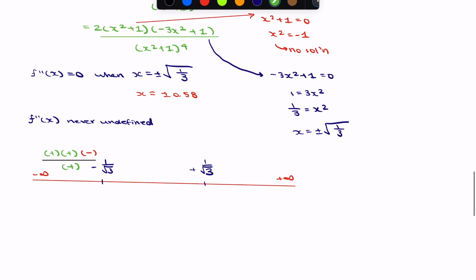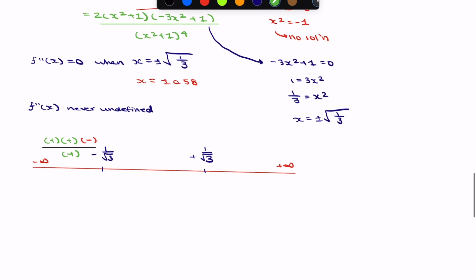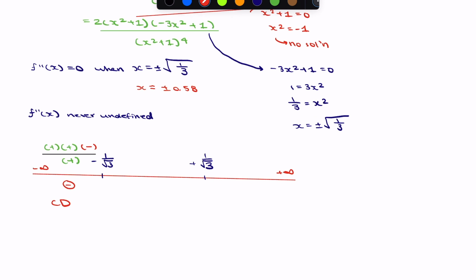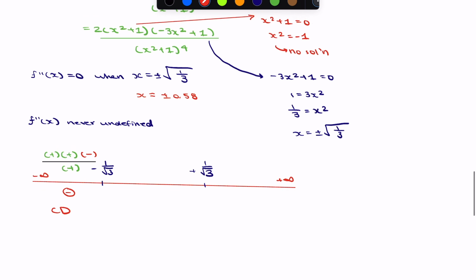And so here we see from negative infinity to negative 1 over square root 3, that will be negative, which means that it is concave down. From negative 1 over square root 3 to positive 1 over square root 3, we'll sub in 0. So here, 2 is still positive, 0 squared plus 1 is positive, negative 3 times 0 squared plus 1 is positive, and then 0 squared plus 1 to the power 4 is also positive. So here it would be positive and concave up.